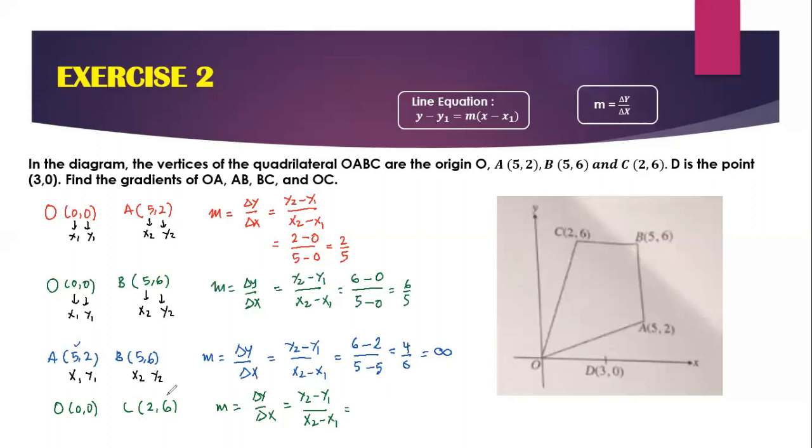Okay, y2 here, 6 minus y1 is 0, right? Over x2 is 2 here, and then x1 is 0, right? Okay, so we'll find the gradient is 6 divided by 2. Done.